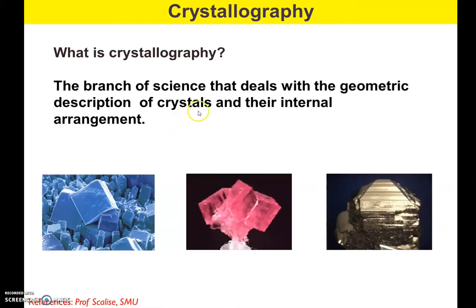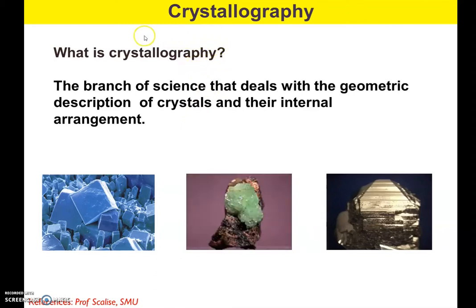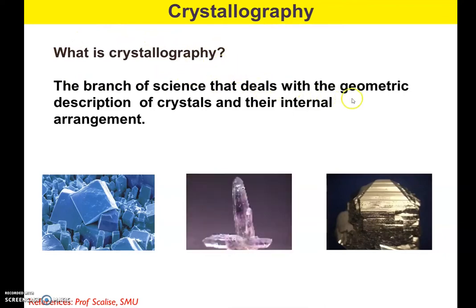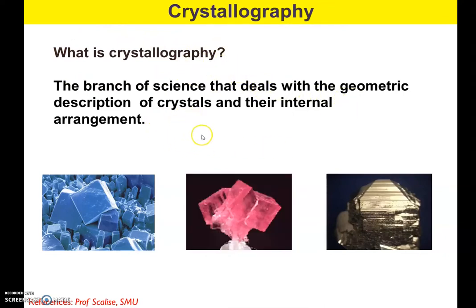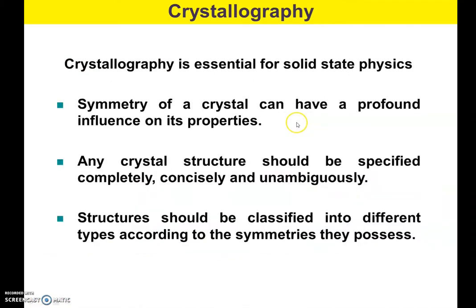So essentially, when we are trying to read about these crystals, we are involving ourselves with the science of crystallography. Okay, and crystallography deals with the geometric description of the crystals and how they are arranged. For a solid state physics course, it is very important to know about the different crystal systems and different symmetries of the crystals, because depending on how you classify the materials, you will see that it has a very profound influence on their properties.